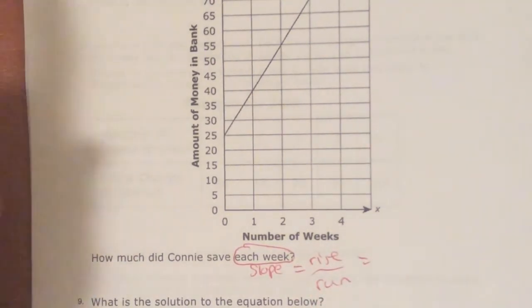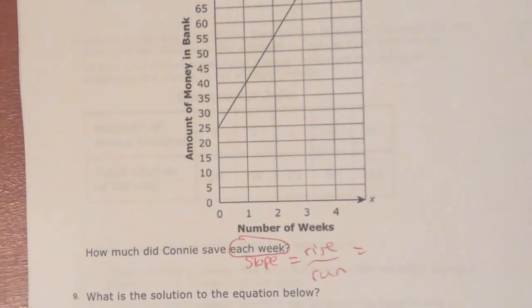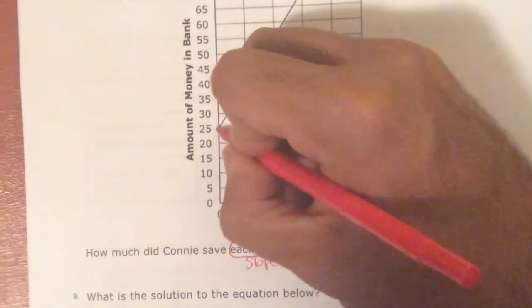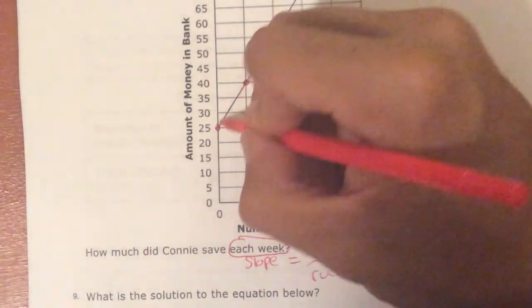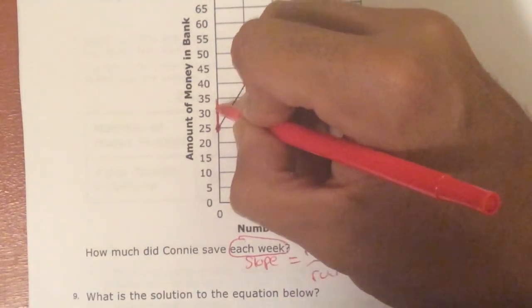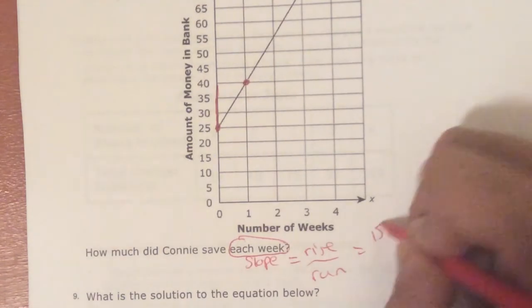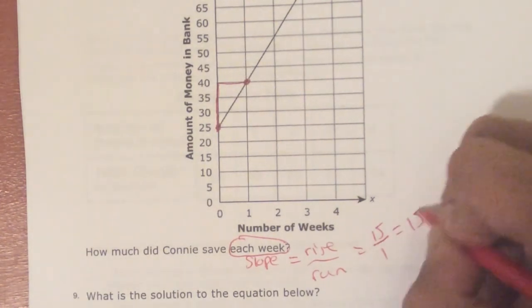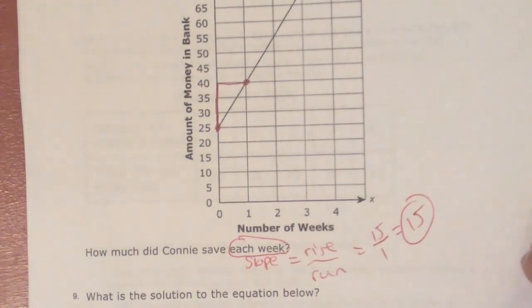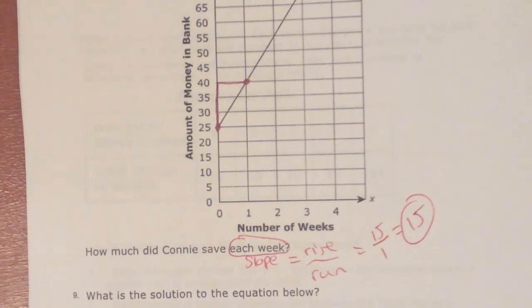So pick 2 points of your choice and find the slope. So I'm going to do this one and this point. So let's start. 5, 10, 15. So 15 and then 1. So 15 over 1 simplifies to 15. So my answer for that one should have been 15.